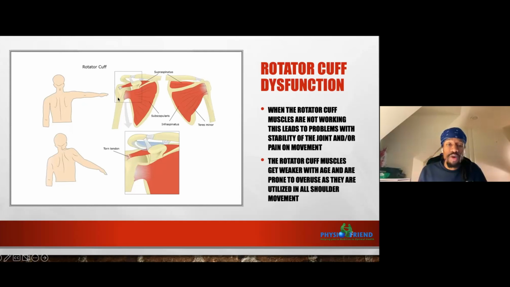Over time, the tension in these muscles can become strained, and as they become strained, they can lead to tears. And in the elderly, they might be too old, or medically unfit I should say, to have surgery, and they really struggle to lift their arms up.